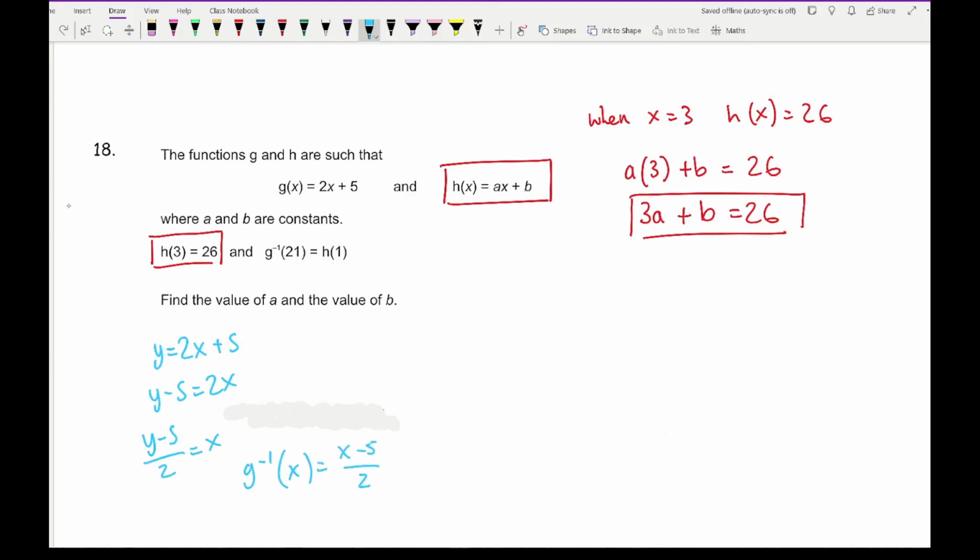Now when I substitute 21 into this, that's the same as when I substitute x equals 1 into h. So here, let me just color code this, using what's written in the pink box.